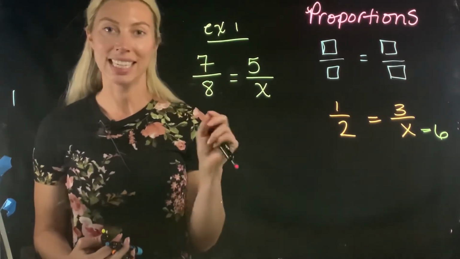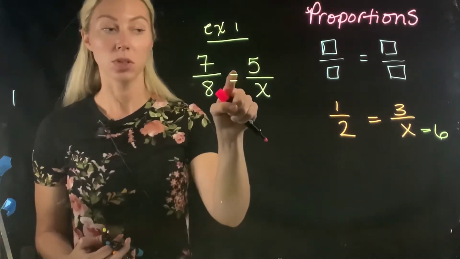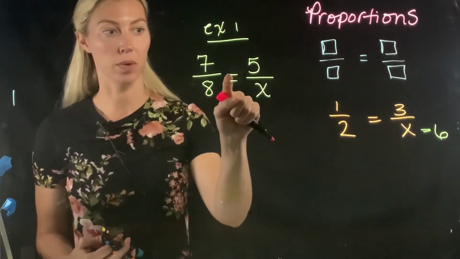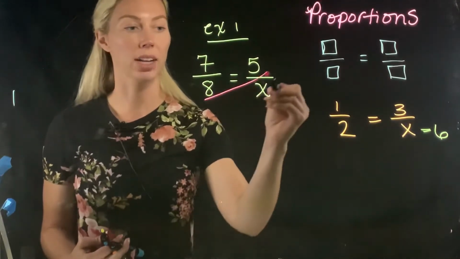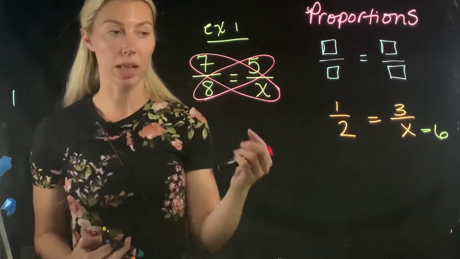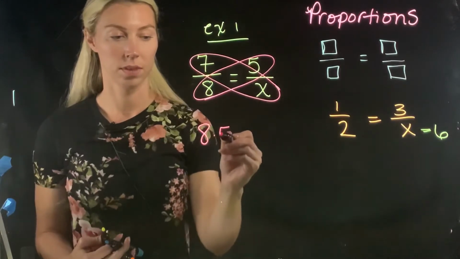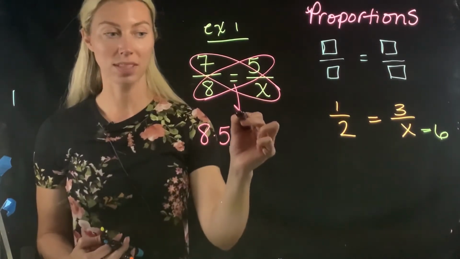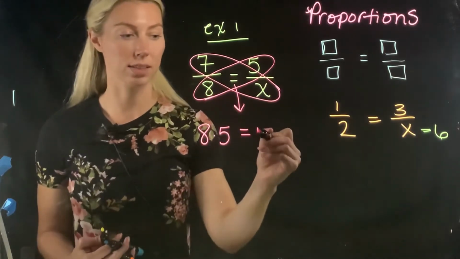So the most common way I've seen this taught is called cross multiplication, where the way I think about it is that it's actually the opposite of what these lines look like. So these equal lines look like you're going straight across, but to solve a proportion, we actually go diagonally. So I'm going to multiply the 8 times the 5. I'm going to bring the equal sign down, and then I'm going to multiply the 7 times the x.